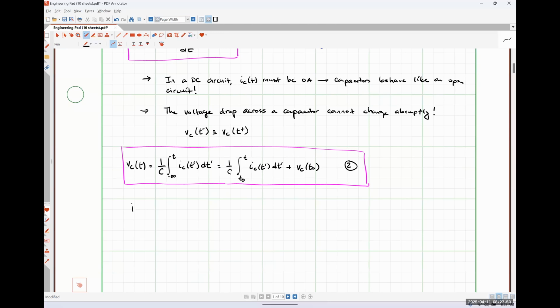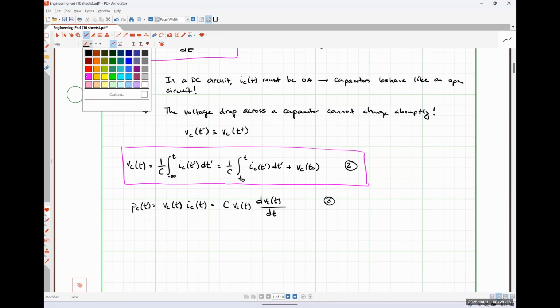The power absorbed by a capacitor will be the product of capacitor voltage and capacitor current. And we can replace our capacitor current in this case with equation 1, giving us the relationship that we would have C times the capacitor voltage multiplied by the derivative of the capacitor voltage with respect to time. So this is equation 3.